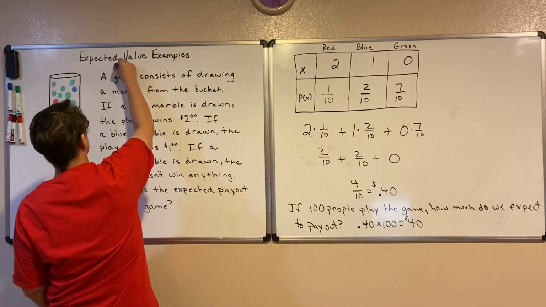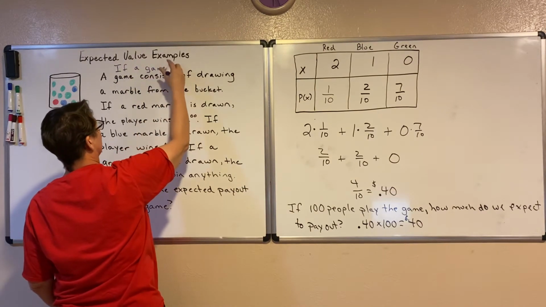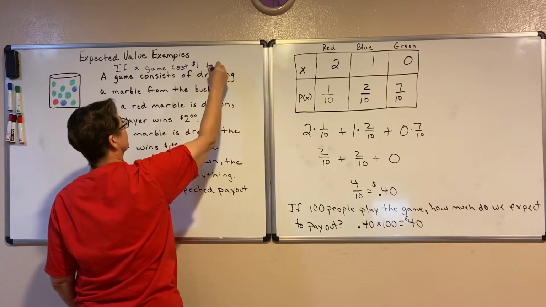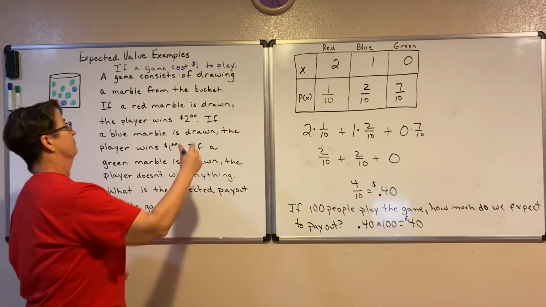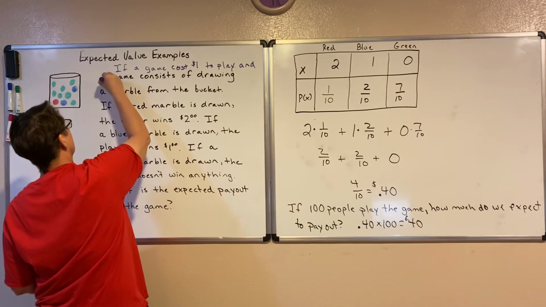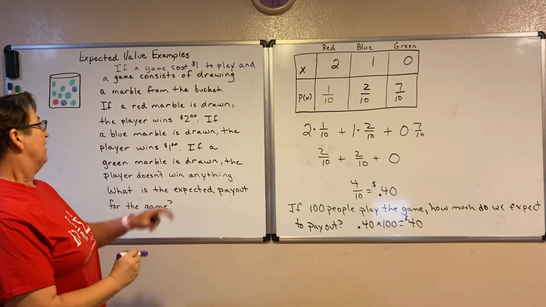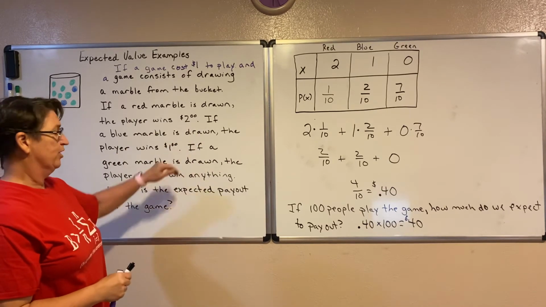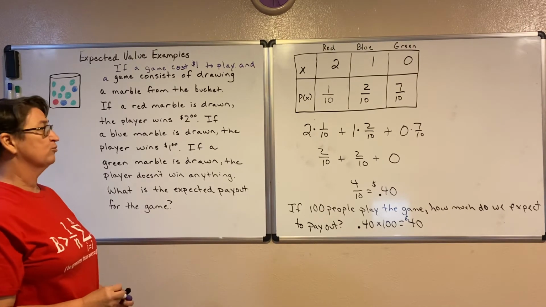So if the game costs $1 to play, everything else stays the same. And the game consists of drawing a marble from the bucket. They win $2 if a red one is drawn, $1 if the blue one is drawn, and nothing if the green one is drawn.